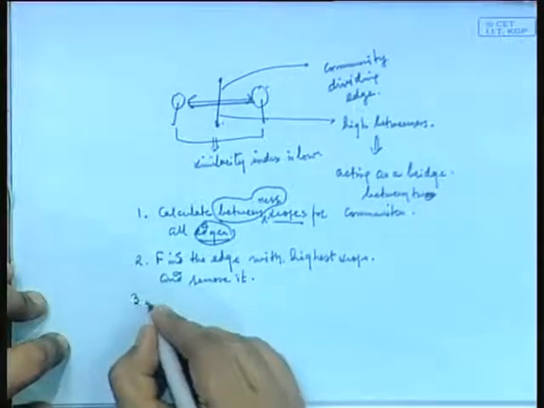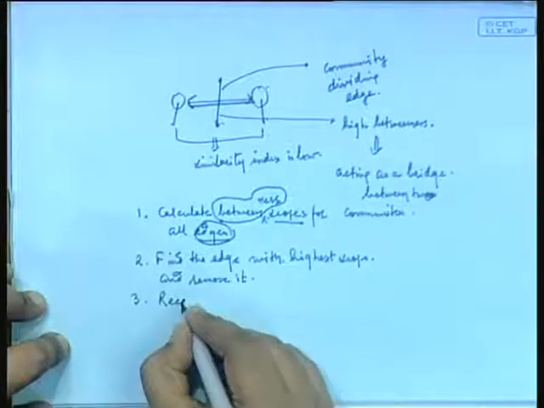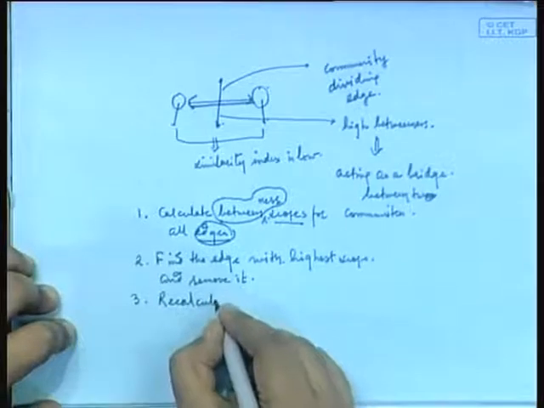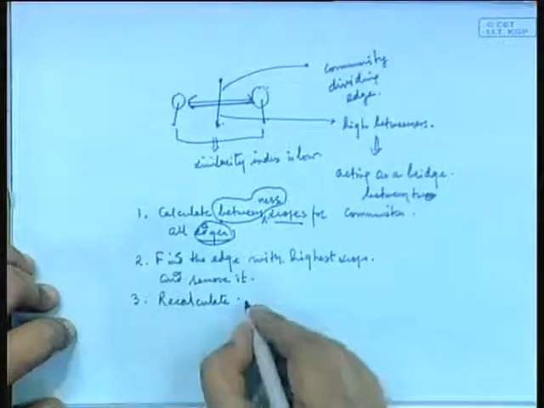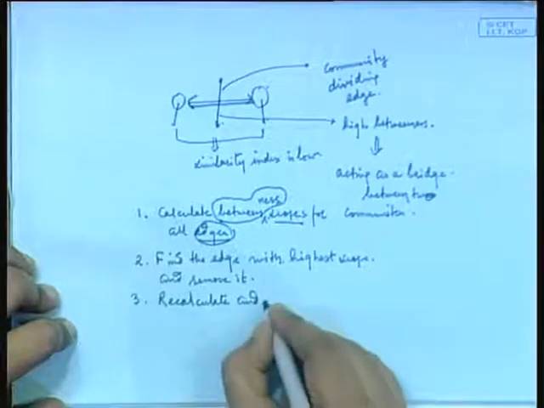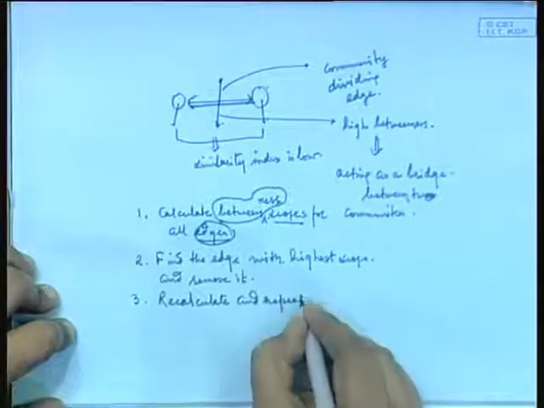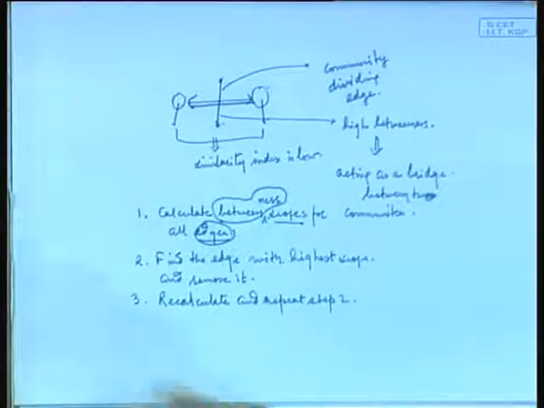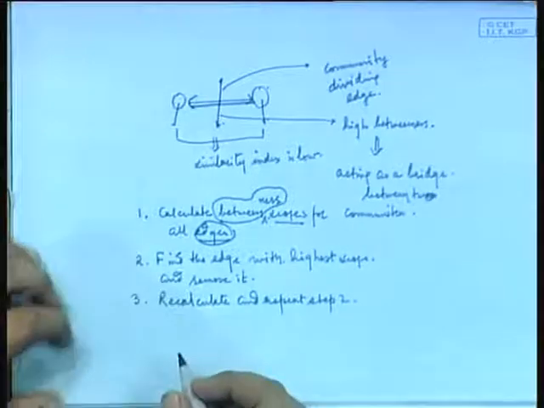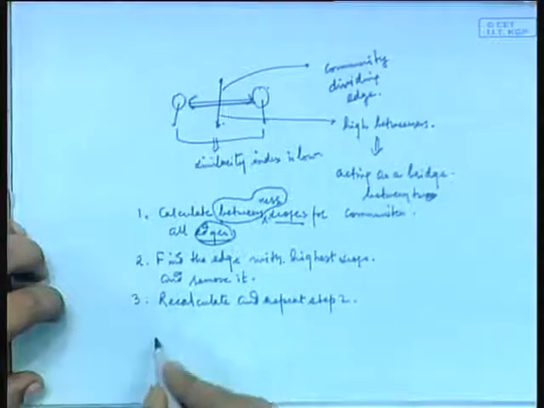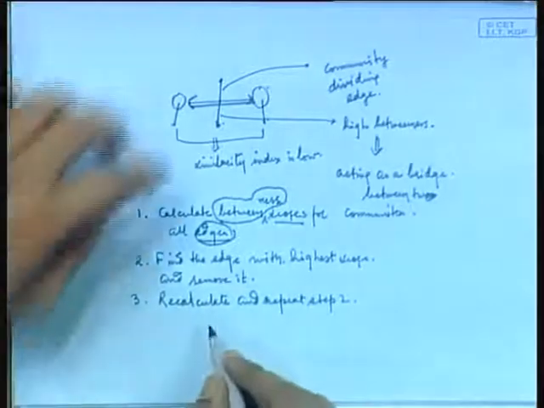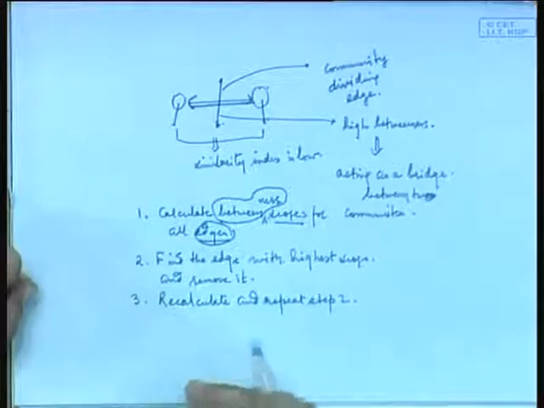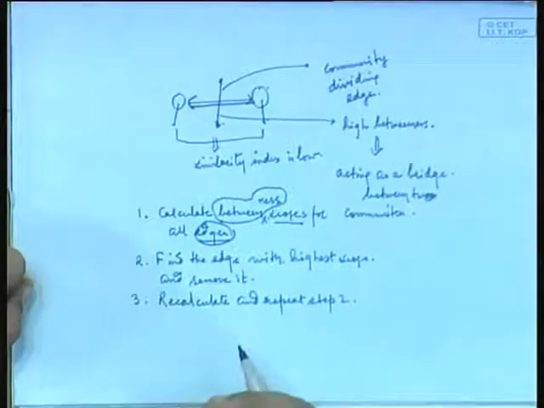Then recalculate and repeat step 2. Yes, we need to recalculate, because once an edge is removed, the betweenness will change. The edge betweenness will change.